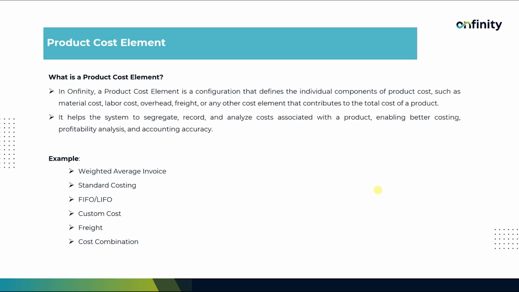It enables the system to segregate, record, and analyze each cost component, which helps in accurate costing, profitability analysis, and overall financial accuracy. Examples of cost elements include weighted average invoice, standard costing, LIFO, FIFO, custom cost, freight, and cost combination. Let's now move into the system and see how to set up product cost elements.